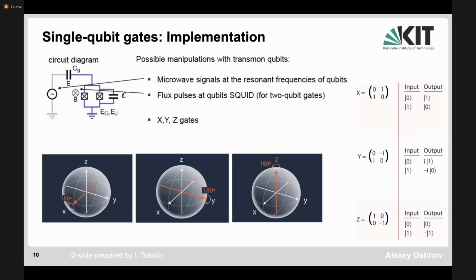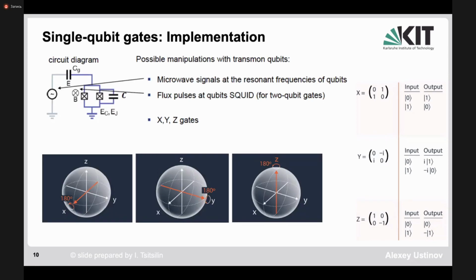Now let's make it a bit more formal. The rotations, as I said, can be chosen as rotations around different axes by choosing the phases of the pulses. And the rotations around X, Y, and Z can be visualized on the Bloch sphere like that, and then described by these matrix elements.